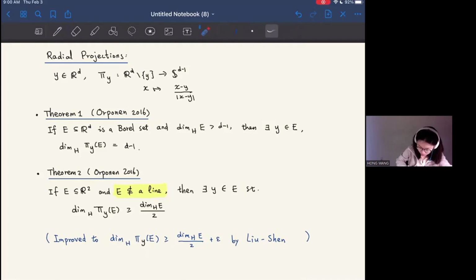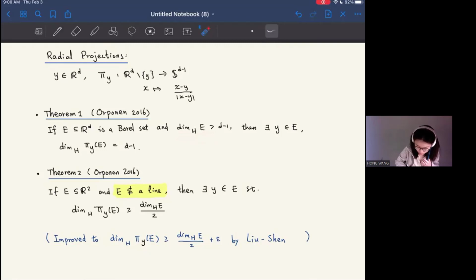I must say that Orponen proved a much stronger result. So this is just for the sake of presentation, I state a weaker and hopefully clear version of it, like a simpler version of it. And then the second theorem is, well, if our set E has Hausdorff dimension smaller, what can we do?